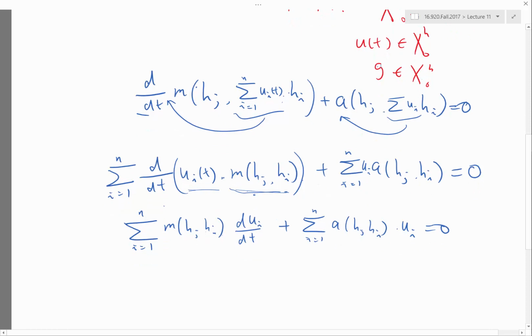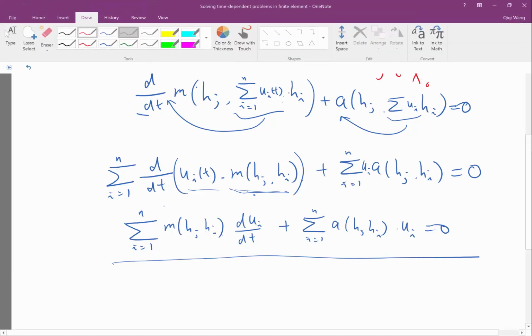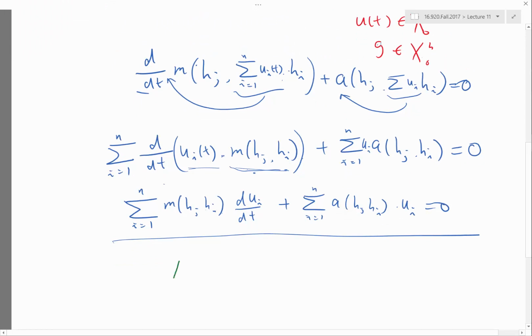And now I can write this in matrix form: M matrix times du vector/dt plus A matrix times u vector is equal to 0.